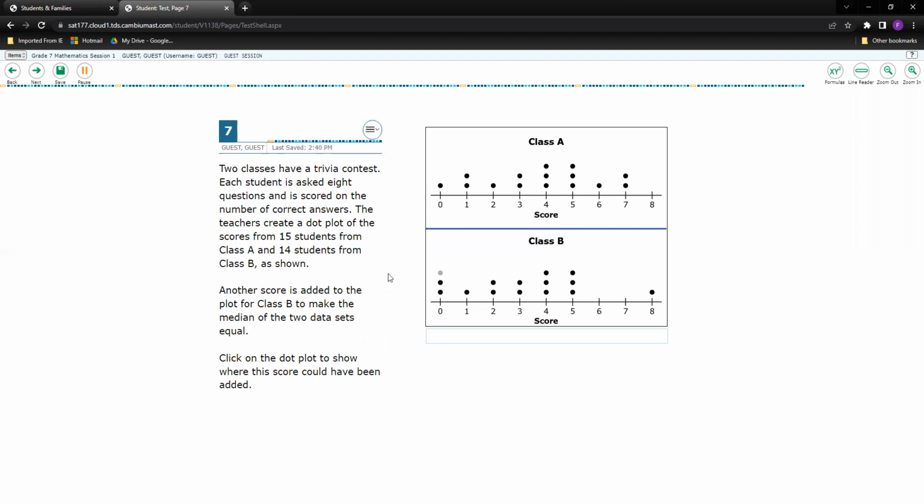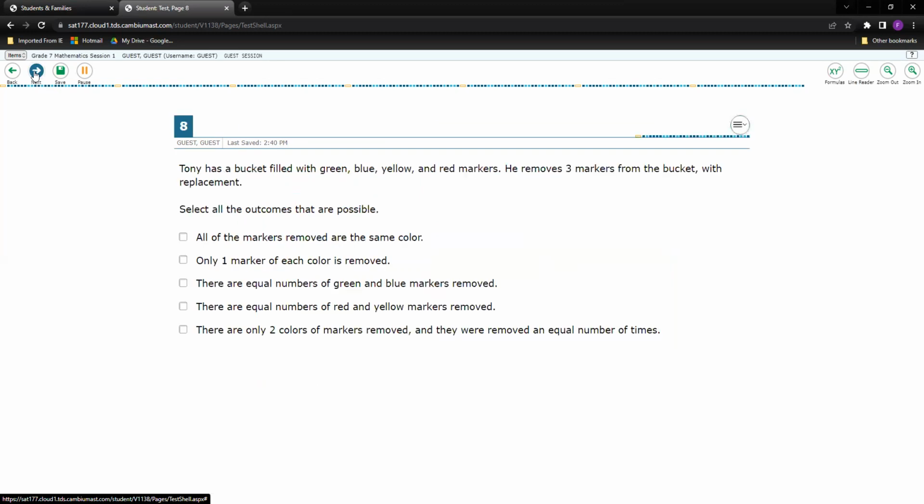So to make things even, I would need a point on the right side, like here or on the 6. And that would make things more even, which is what the question is asking. Take time to read the question yourselves and see that that checks. For the sake of time, I need to move on.